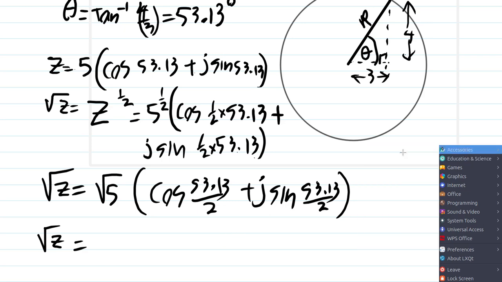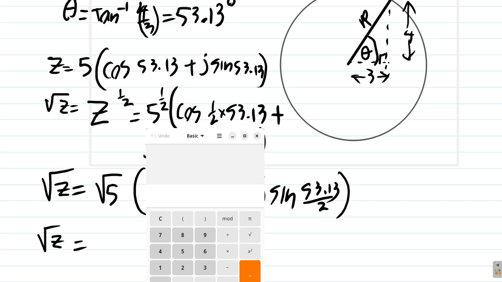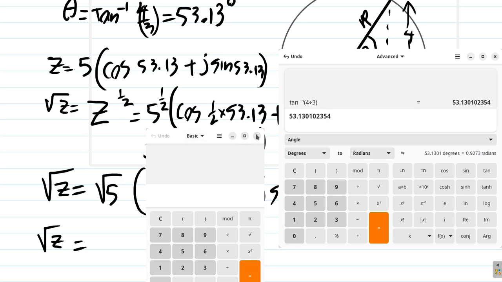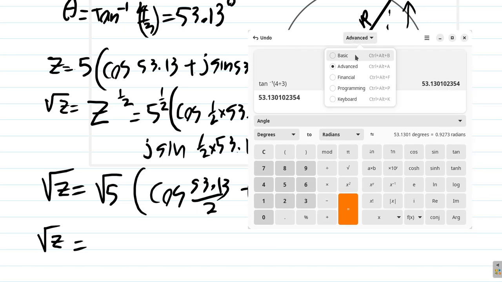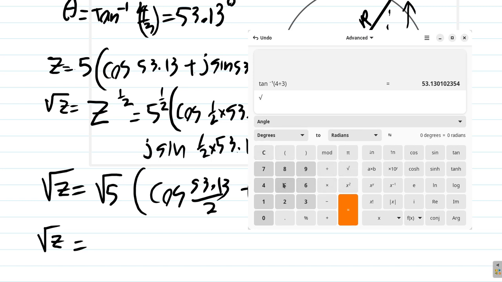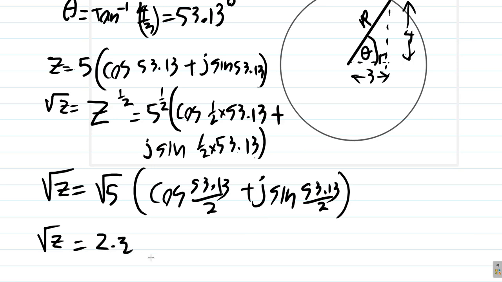Let's get that. Square root of 5 equals 2.236. Let's keep it to 3 decimal places since we haven't reached the answer yet.